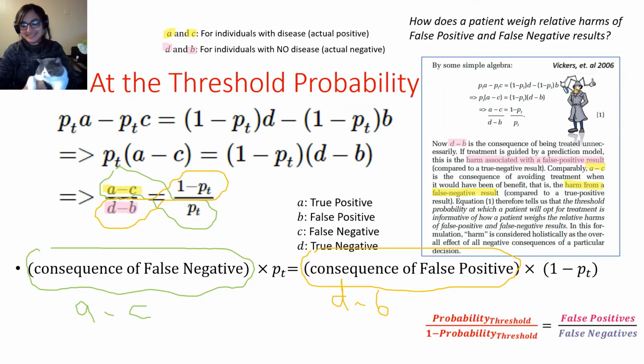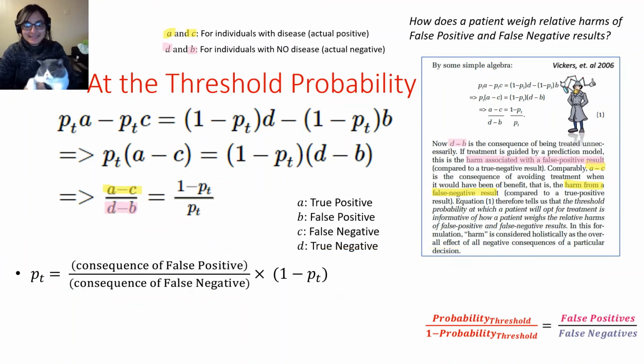So just rearranging them. And then next, we're going to isolate PT. So PT is equal to the consequence of false positive over the consequence of false negative, multiplied by 1 minus PT. So you can already see how this relates: the threshold probability at which a patient will opt for treatment, this PT, is informative of how a patient weighs the relative harms of a false positive and false negative results.